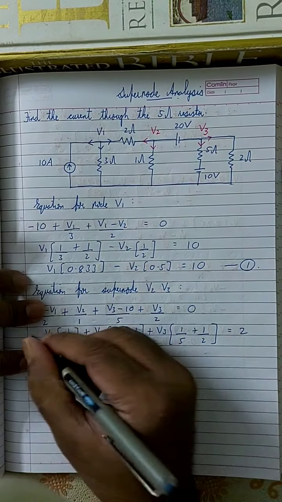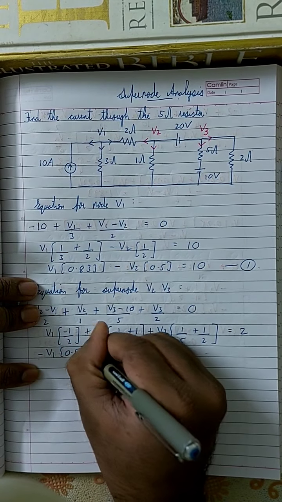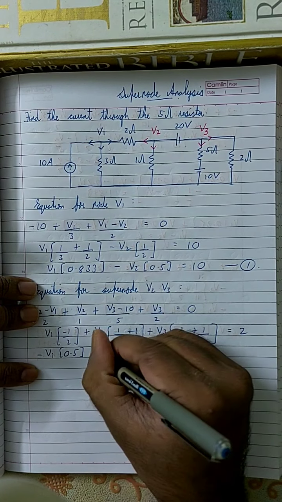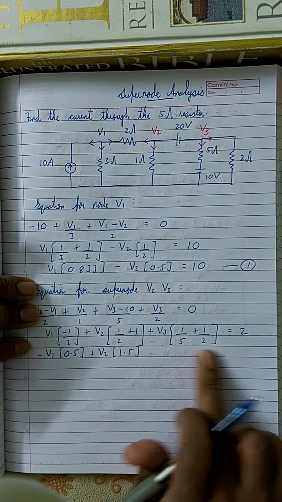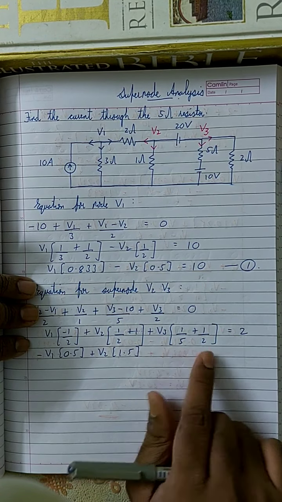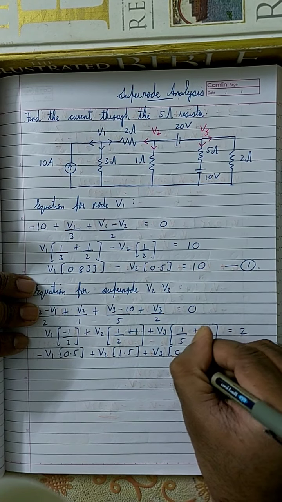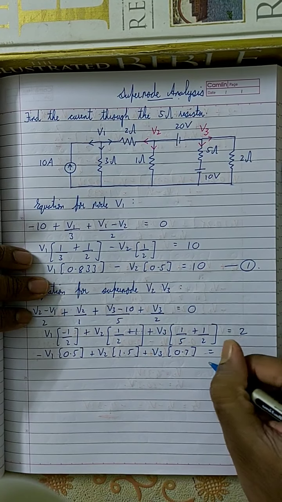So this is basically, let me see, minus V1 into 0.5. And this is 0.5 plus 1, which is 1.5. So this is plus V2 into 1.5. And this is 1 by 5 is 0.2 and 1 by 2 is 0.5. So 0.2 plus 0.5 is 0.7. So this is V3 into 0.7 is equal to 2. This is equation number 2.